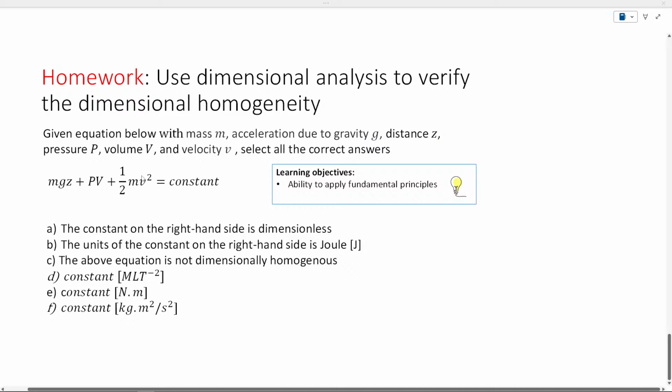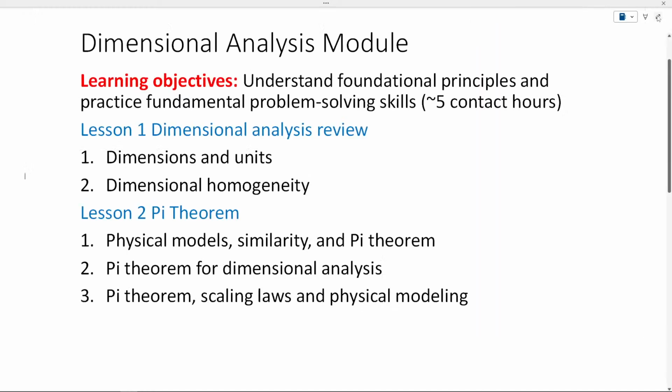That is it for lesson one, which was a review of dimensional analysis. We covered dimensions and units, and we understood the difference between the two. Dimension is a measure of a physical quantity.